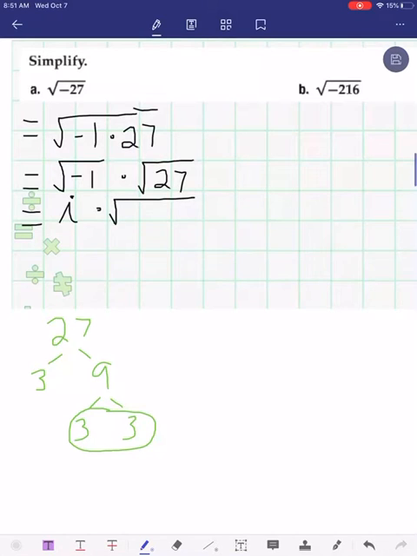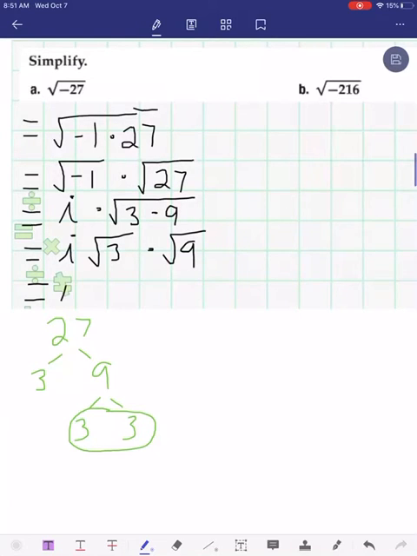So I know that 9 is going to be a perfect square. So now I want to break apart my 27 into 3 times 9. Because when we simplified before, if it's multiplication, we can break that apart into the square root of 3 times the square root of 9. And we know what the square root of 9 is. It's going to be 3.